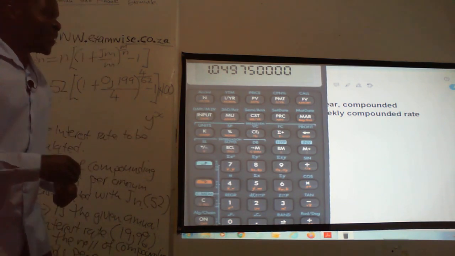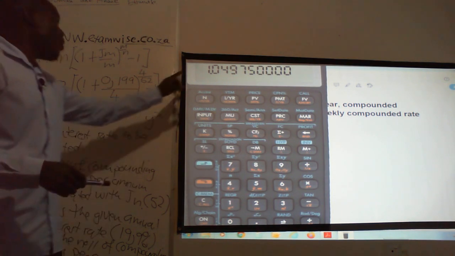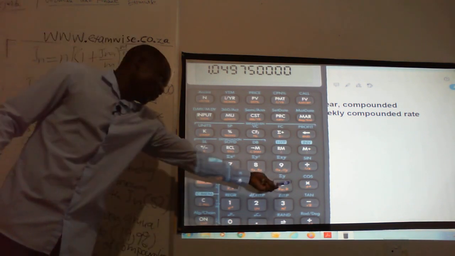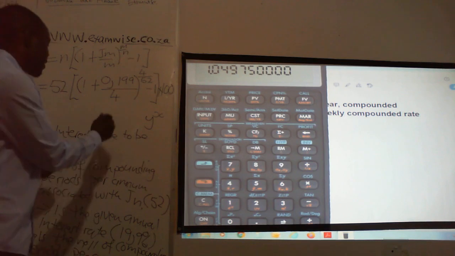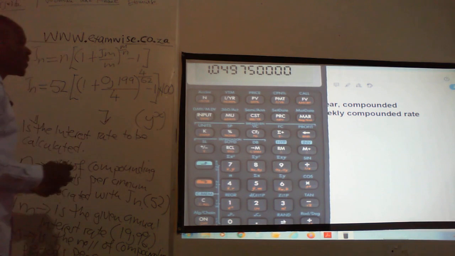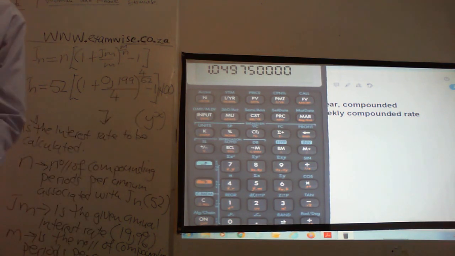To access that one as well, we have to start by pressing the down arrow, then we press to the power of. Then we press the power of y over x. After that, we can punch in 4 divided by 52. Since we have a power which is a fraction, we make use of brackets.